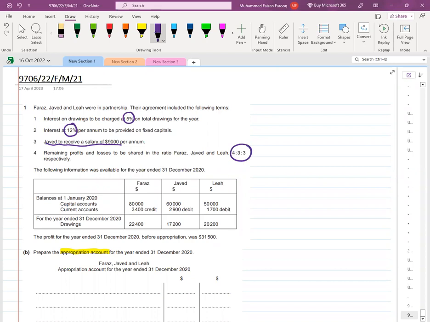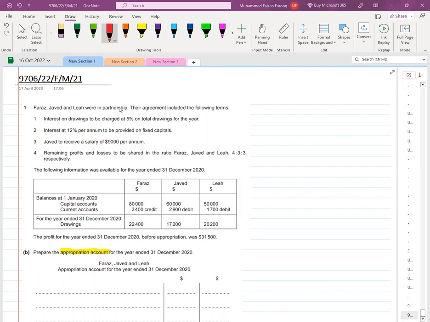Capital balances, current account balances, and drawing amounts are given. We know that the residual profit appropriation account starts from the residual profit, and we need to compute it. How to compute residual profit is very easy.